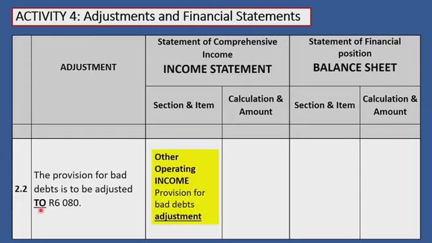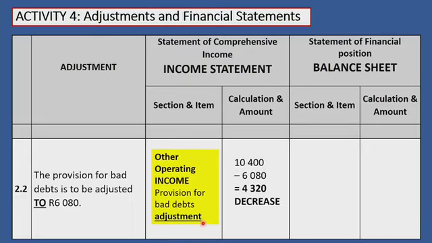We have got, in this case, an income again. It could have been other operating expense, but I have done my calculation already. The name of the account, however, is always what you see here, provision for bad debts. Remember, in the income statement, it is the one with the word adjustment on the end.